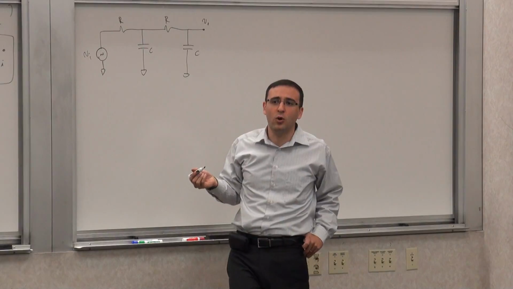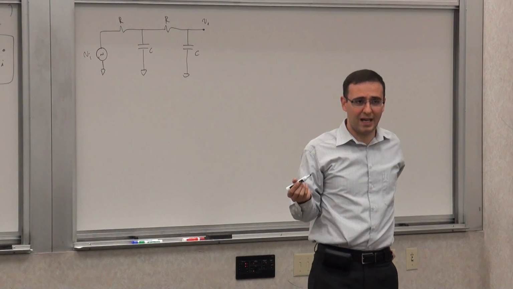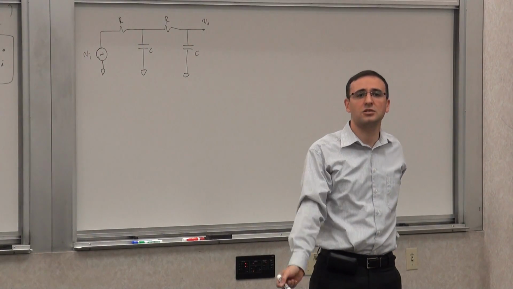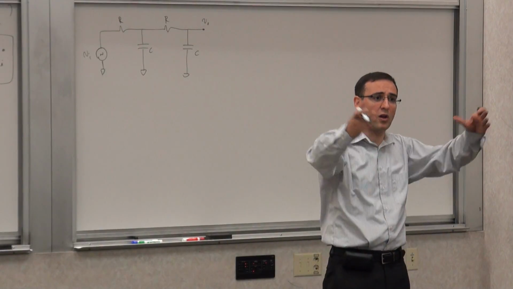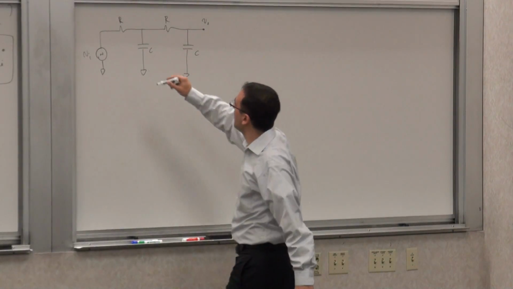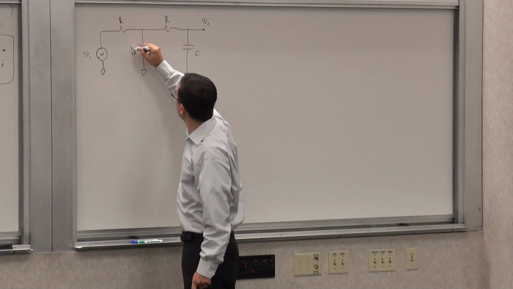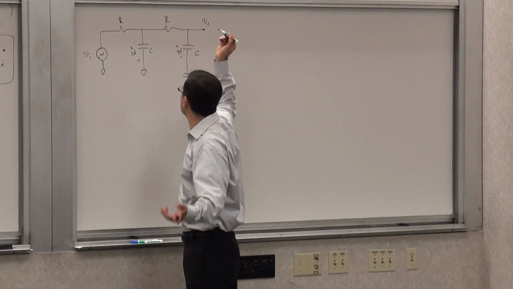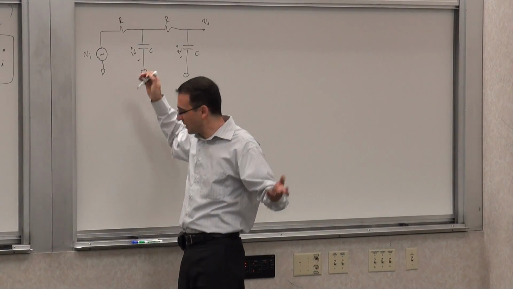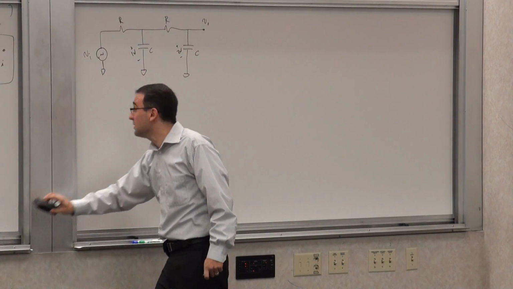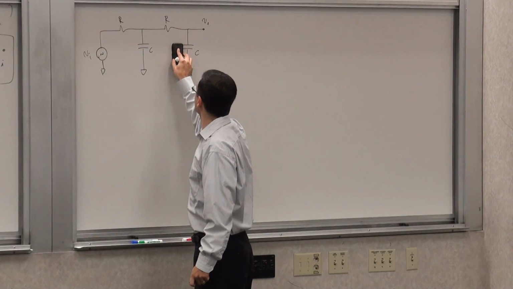Now, how many poles do we expect to see? Well, the answer to that question is how many independent initial conditions can I set on this circuit when I null all the independent sources? So if I null this, I can put 1 volt on this one, and I can put 2 volts on that one. Right? Nothing will happen. It's okay. There wouldn't be any contradiction. So I have 2 independent degrees of freedom, so I have 2 poles.